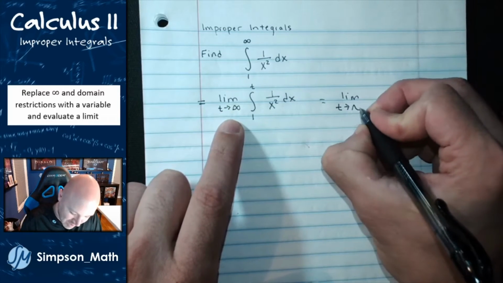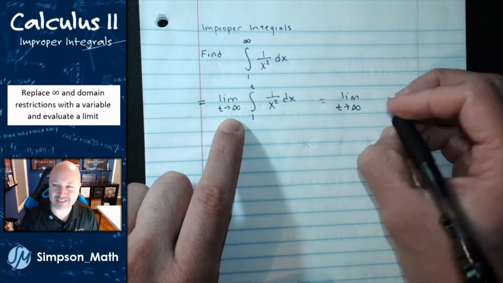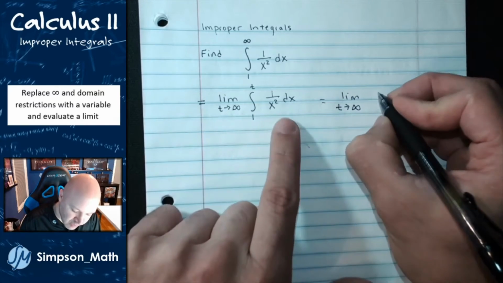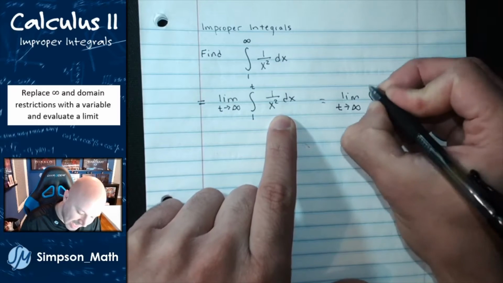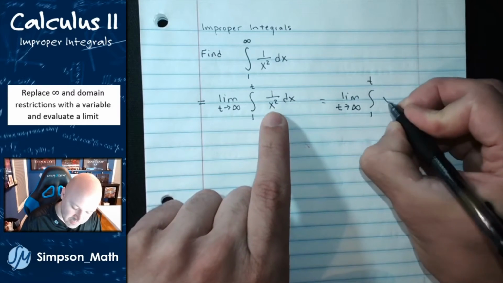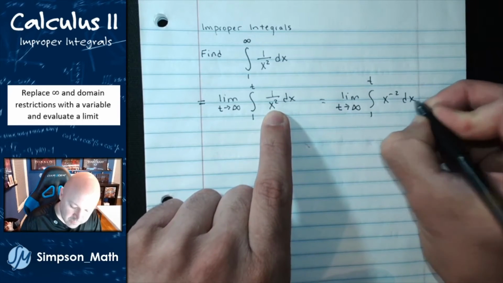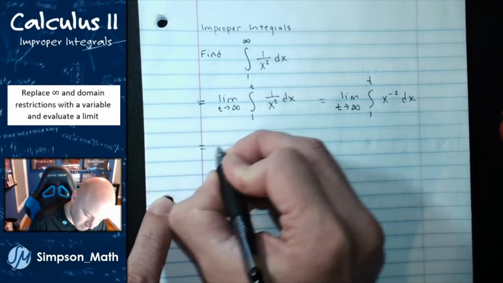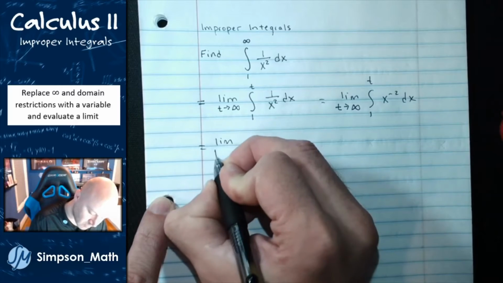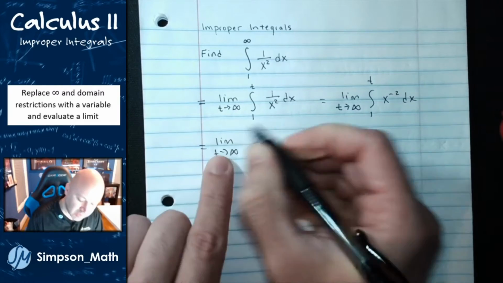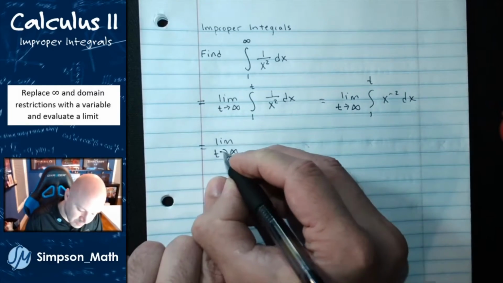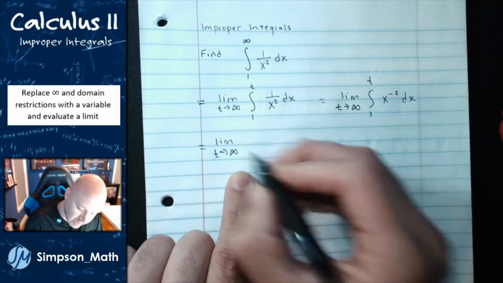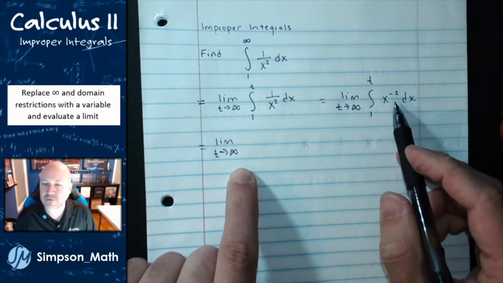We have to keep copying it until we evaluate the limit. So right now I'm just writing my integrand. I like to see my powers as powers. It helps me apply the power rule for integration. So the limit as t is going to infinity of, and I can integrate this.